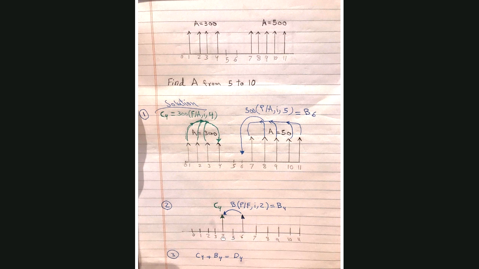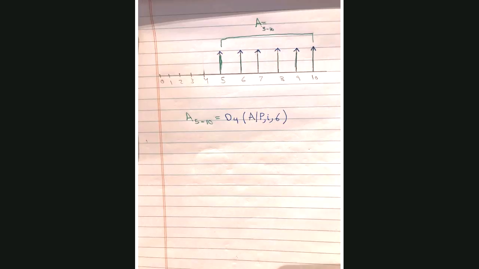Then when you do the annual, you will count the number of the years starting from 5 until 10, which is 1, 2, 3, 4, 5, 6. Okay? So in this case, to find the value of the annual from year 5 until year 10, you convert the present to annual using the formula A given P. P is placed at year 4, and you multiply it with D4 that we just found earlier.